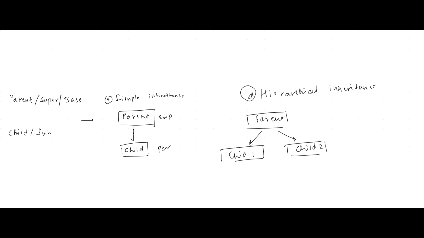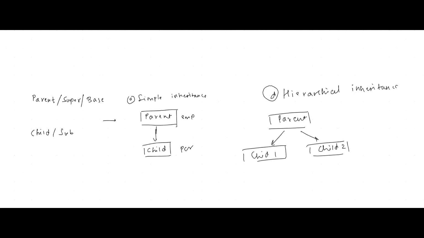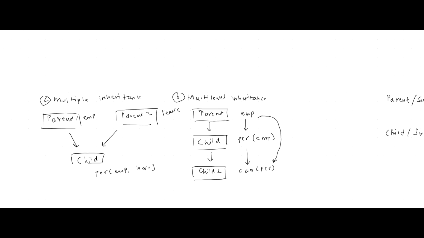So you will see that all these are examples of different levels of inheritance. Multiple inheritances are available, multiple parents, multiple children, anything is possible.